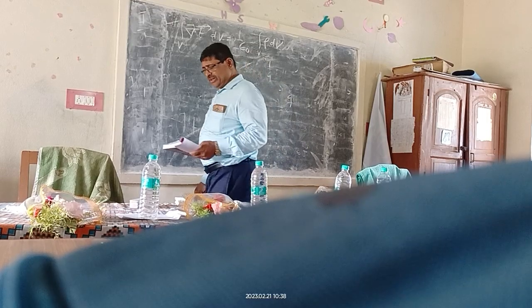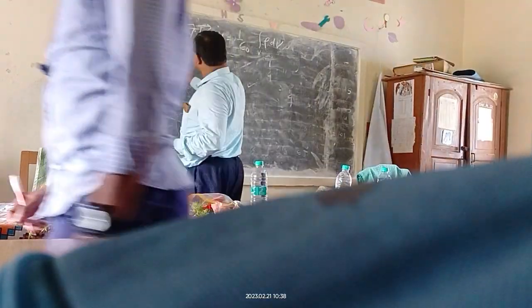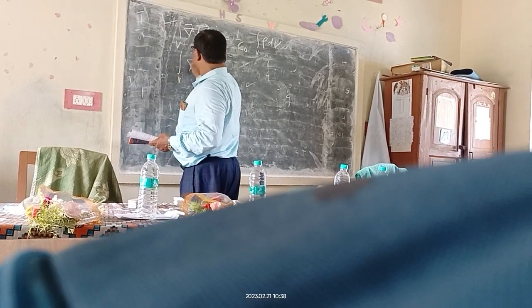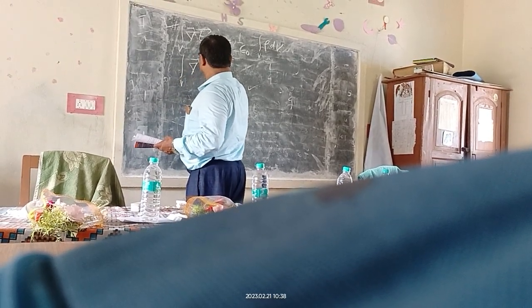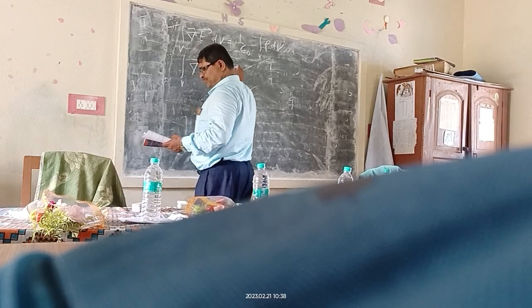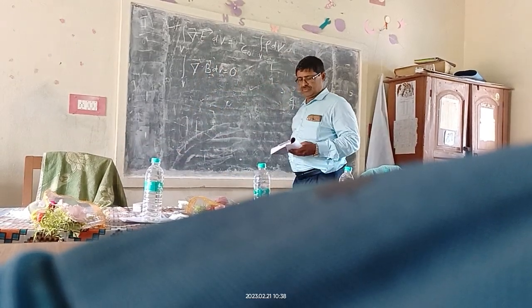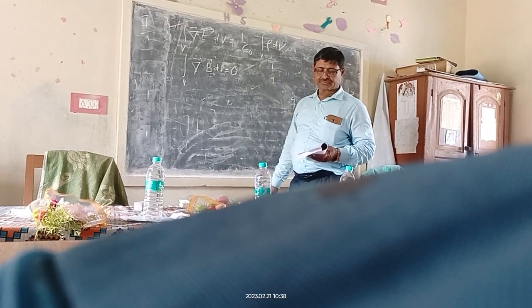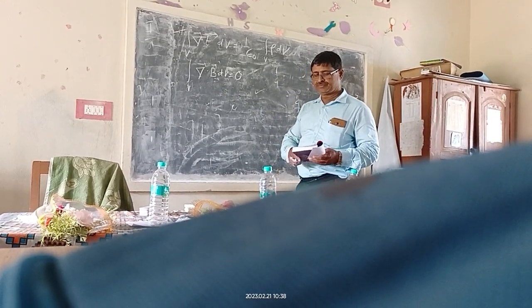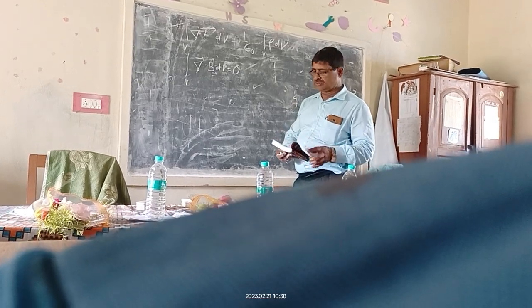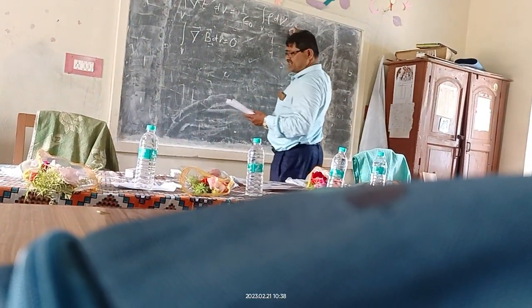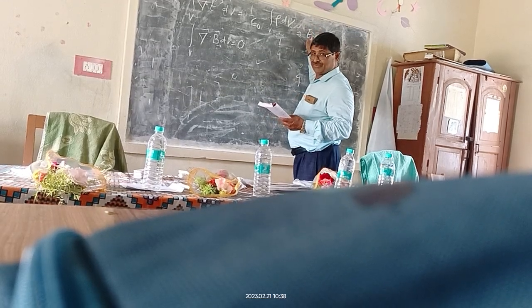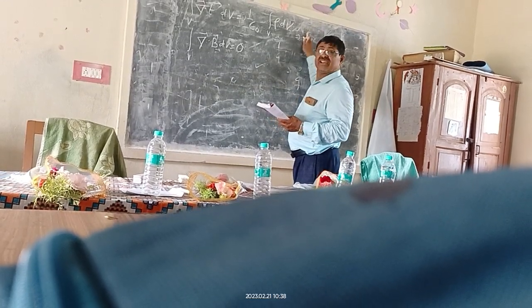The second one is integration over v del dot B into dv is equal to 0. And this equation leads to E dot n cap ds equal to q by epsilon 0.